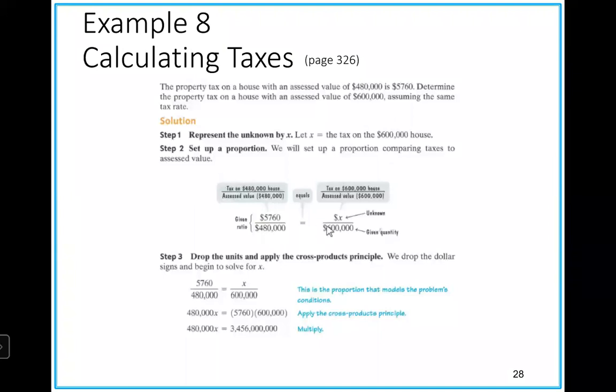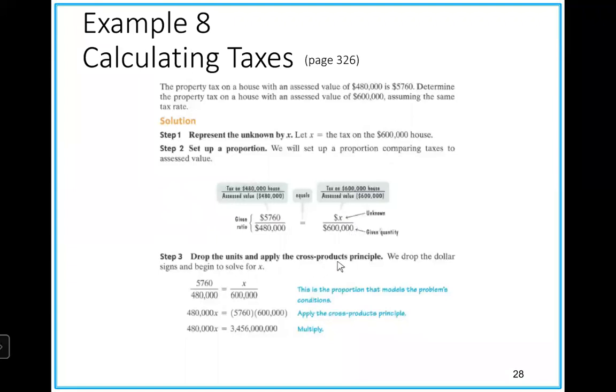Because the rates are the same, you put the value of the house you're trying to find, which is 600,000, in the same position. Make sure to line up: if you have the value of this house at the bottom, put the value of the other house at the bottom also. The tax is at the top, but we don't know what the tax is, so we use a variable to represent it. So 5,760 over 480,000 is the same as x over 600,000.